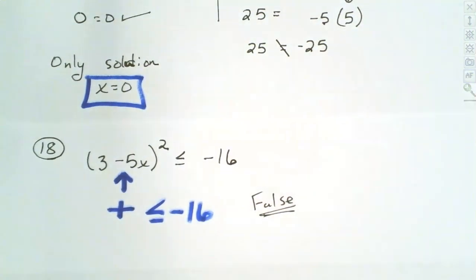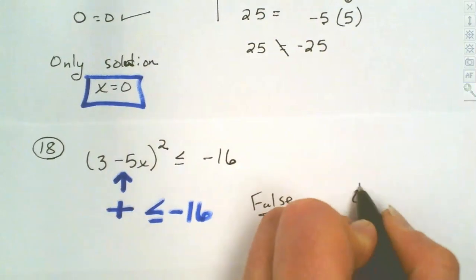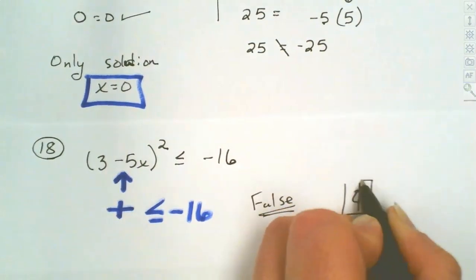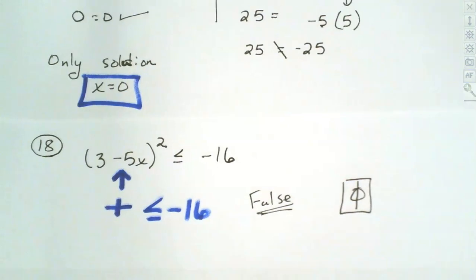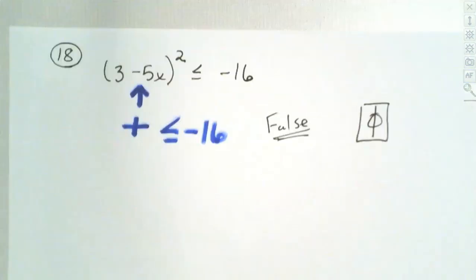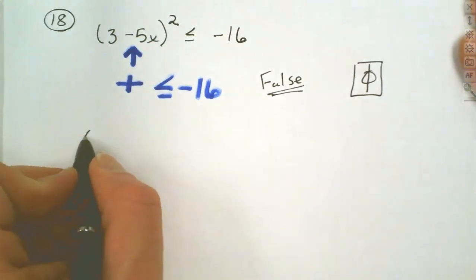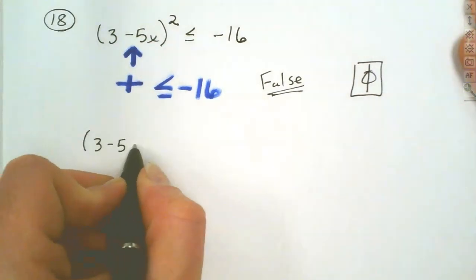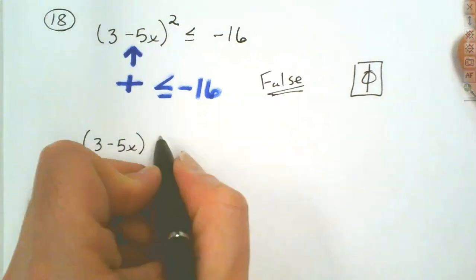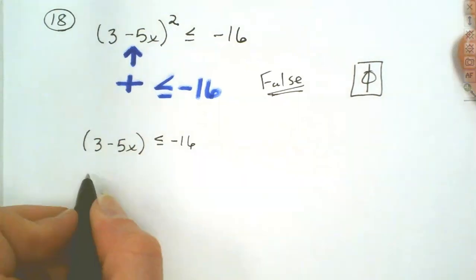This then would be false. And so what would your answer be? No solution. Another way of working it to get the same result would be the algebraic way. So let's say we didn't realize that. So let's say we went ahead and tried to solve it.